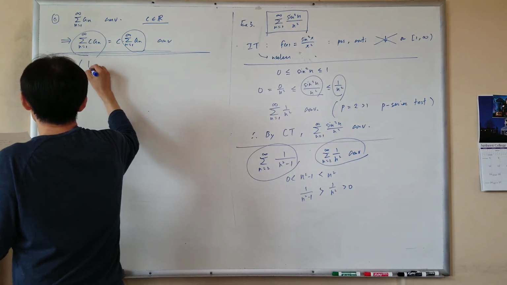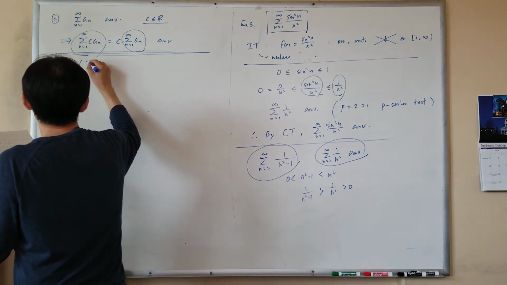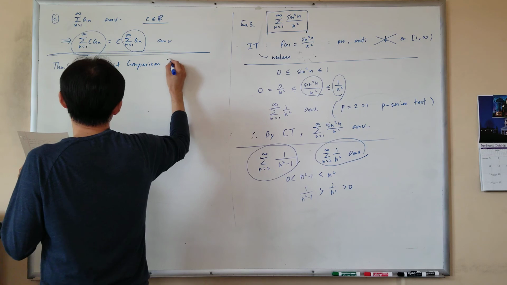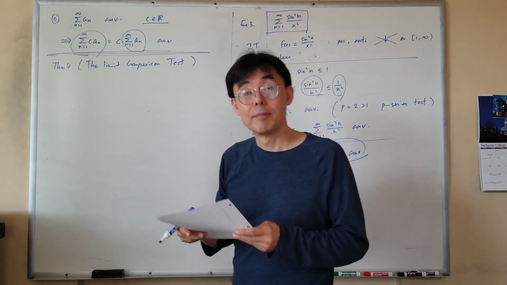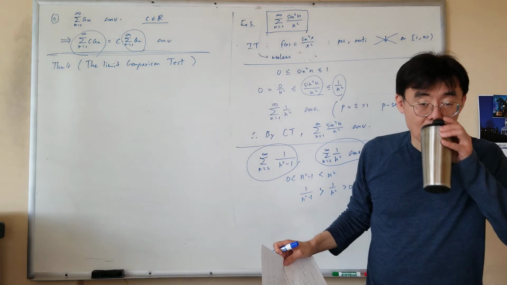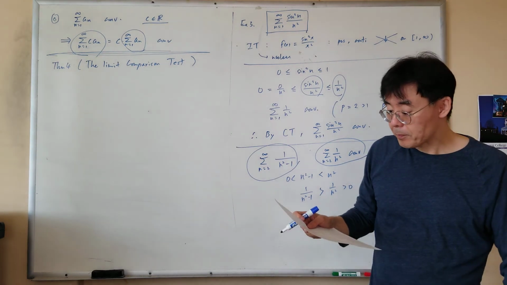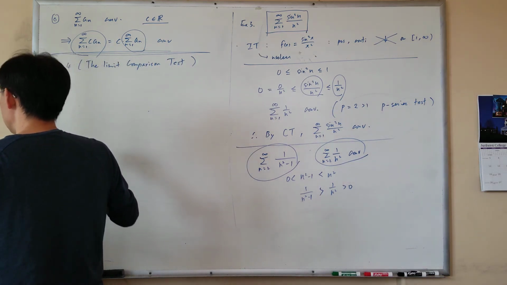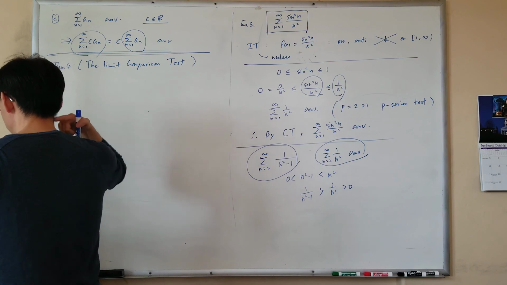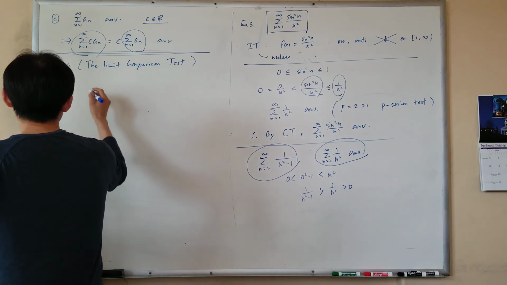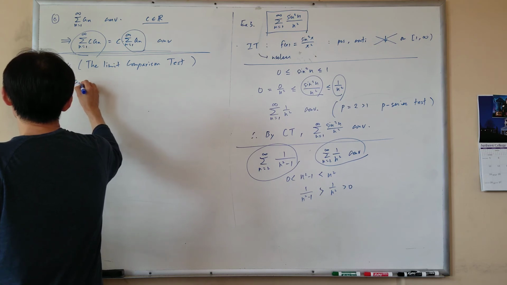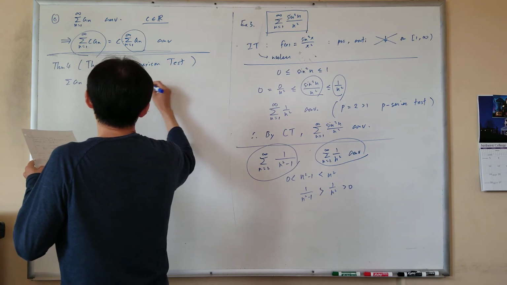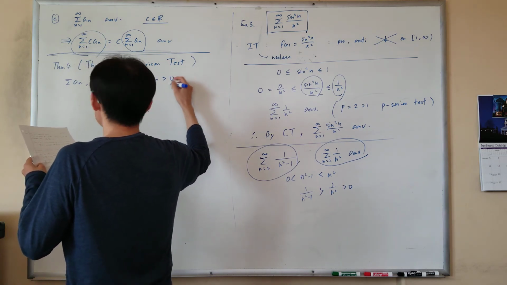Theorem 4. Limit comparison test. Here we are considering the series of an and the series of bn, and your an and bn are ultimately positive.